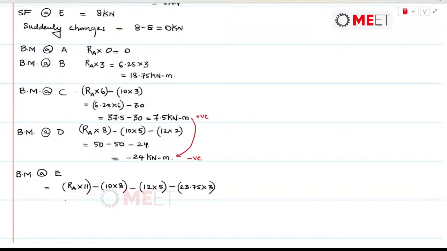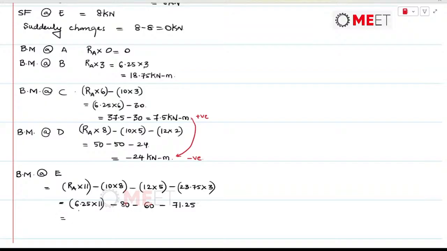So if we solve this, it is 6.25 into 11 minus 80 minus 60, minus 23.75 into 3, that is 69 plus 2.25, so 71.25.